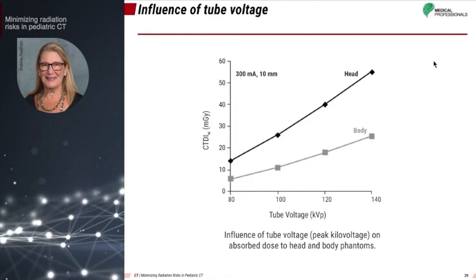The relationship between the beam energy and radiation dose is nonlinear. For example, changing the beam energy from 80 to 120 kV will change the CTDI in the head phantom from 14 to 26 milligray.